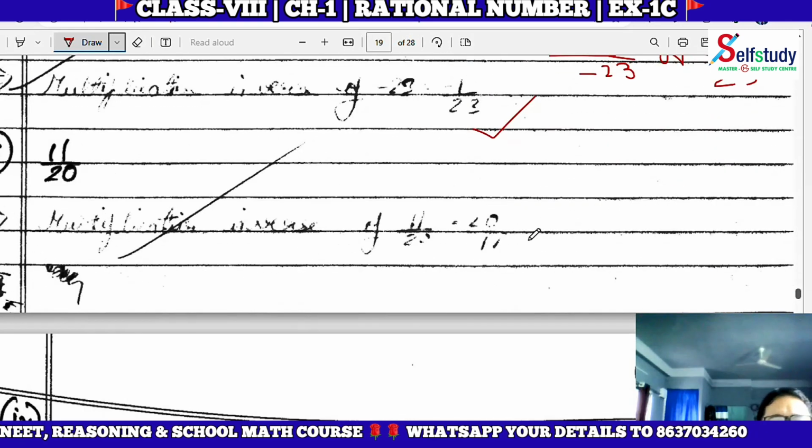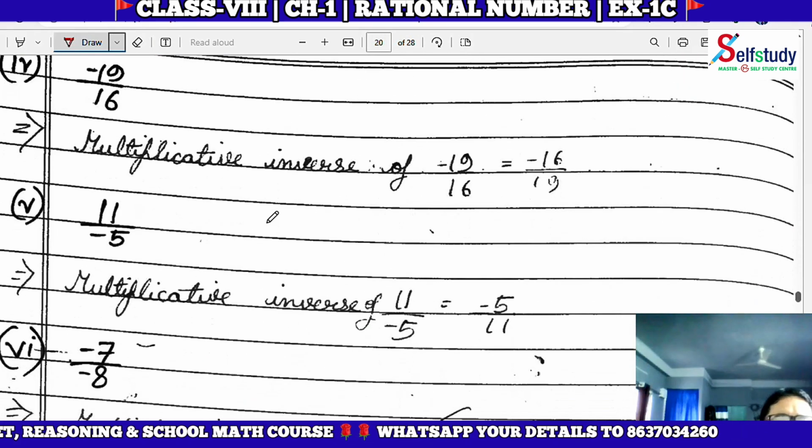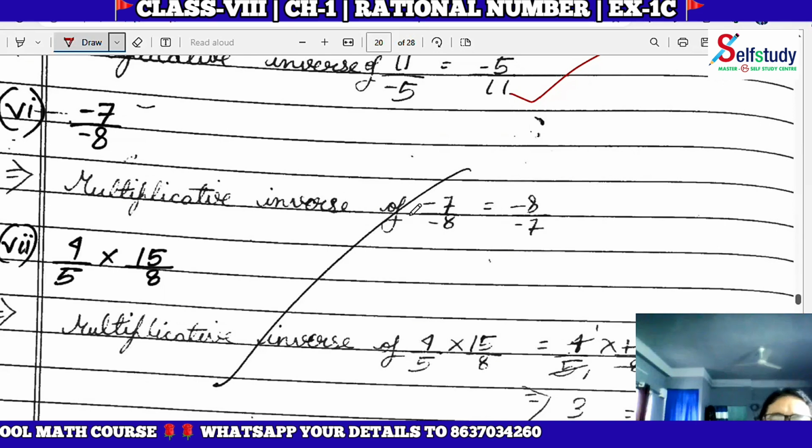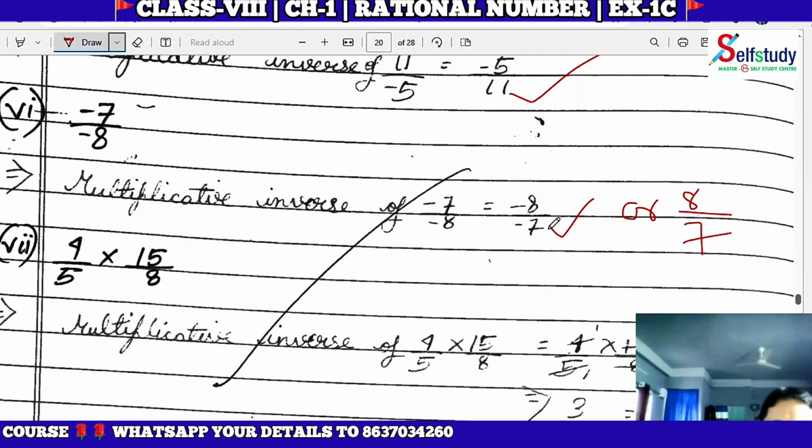11 by 20, 20 by 11. Minus 19 by 16, 16 upon minus 19, or you can write the minus sign up, as you know that the standard form is that only. 11 upon minus 5, so minus 5 will go up, minus 5 upon 11. Minus 7 by minus 8 will be minus 8 by minus 7, or 8 by 7 also you can write, because minus minus will cancel.